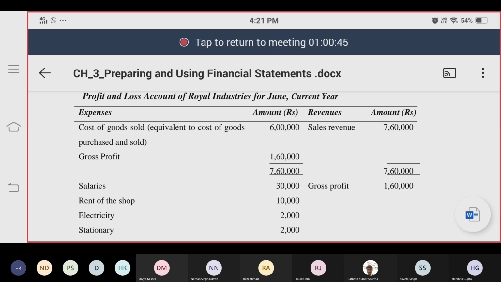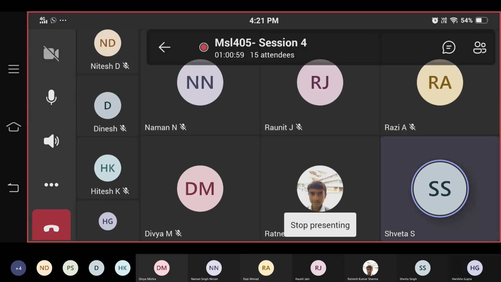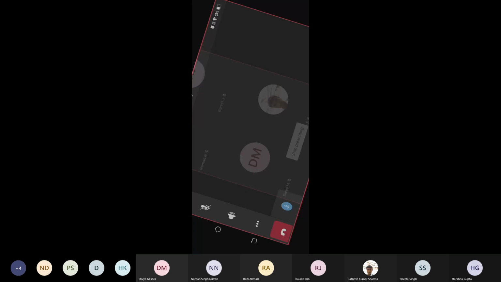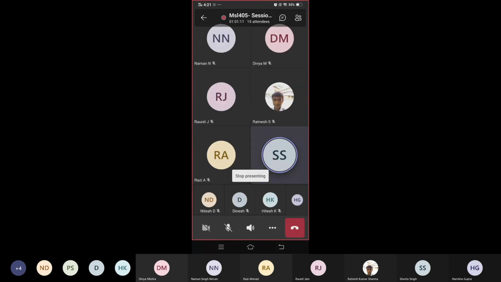Harshita, can you mute yourself? Yes, ma'am. Ma'am, but my screen share will stop. Just give me 1 second. If you mute yourself, oh yeah, it has stopped. Let me see if I can share my screen again.